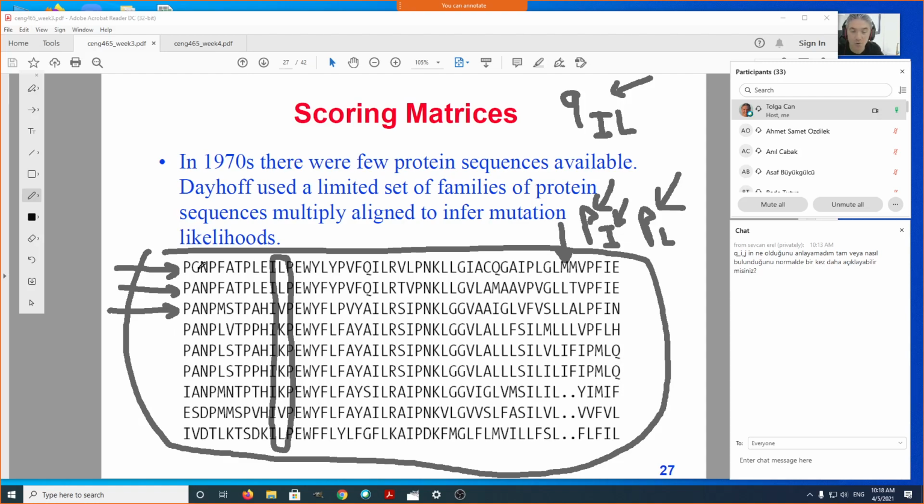You do this counting for all of the columns in the entire multiple alignment. And that count over all possible pairs of amino acids will be your QIL. So the ratio here again will be a frequency of the counts of ILs together over all possible pairs. How many possible pairs do you have?